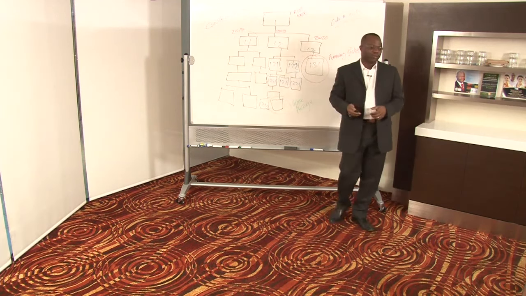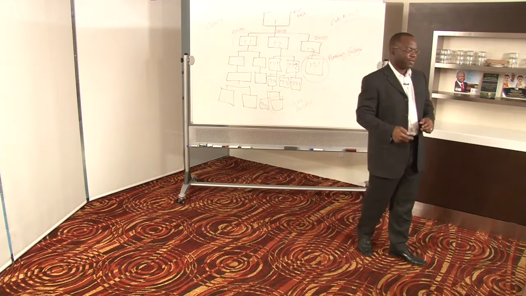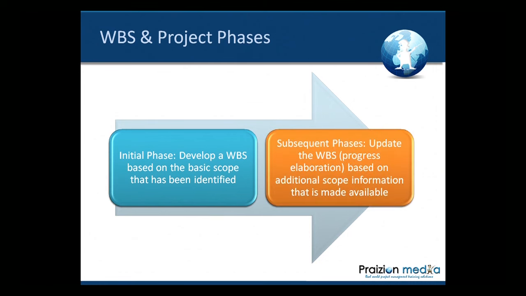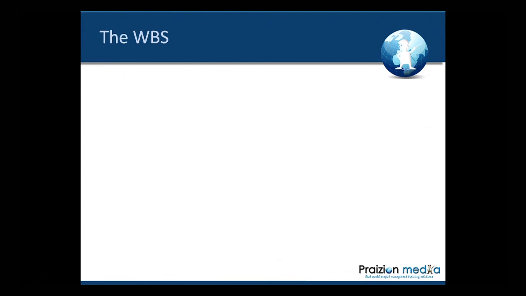So take a look at the screen here. Let me explain further. When we take a look at the WBS, in the initial phase of the project, we develop a WBS based on the basic scope that has been defined, and in subsequent phases, we update the WBS through progressive elaboration based on additional scope information that is made available.